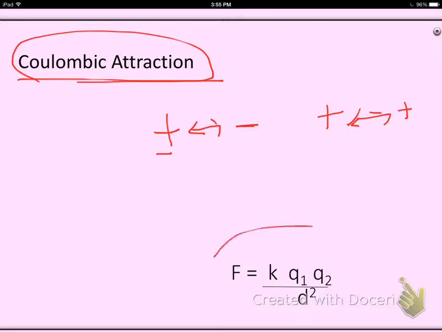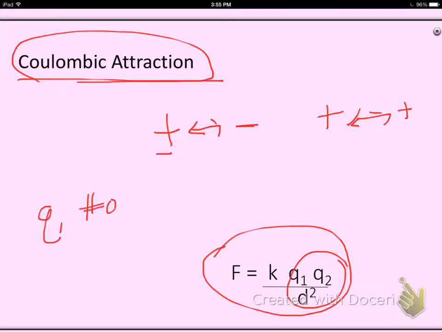What Coulomb's law says is that the force of attraction is equal to some constant times Q1 Q2 over D squared. Now that seems kind of complicated, but it's really not. If we think about an atom, we can think about Q1 as the number of protons, or the number of positive charge, and Q2 as the number of negative charges.